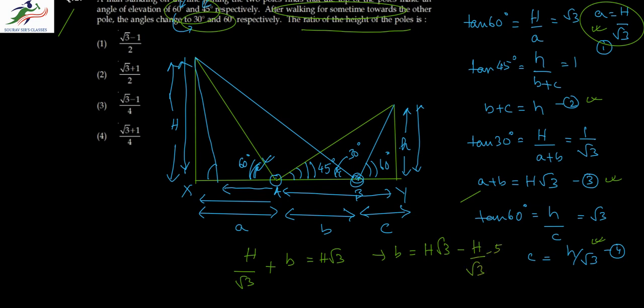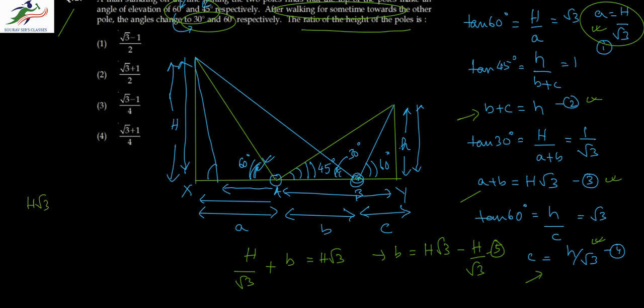So this is my fifth equation, and I will take equation number 2 and equation number 4 now. Equation 2 says b plus c is equal to small h, and we have found the value of b. So we put that here.